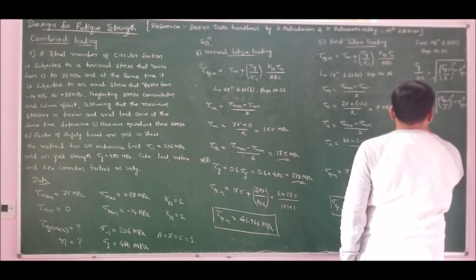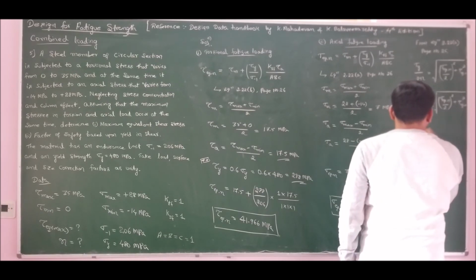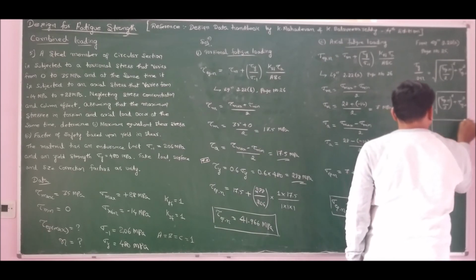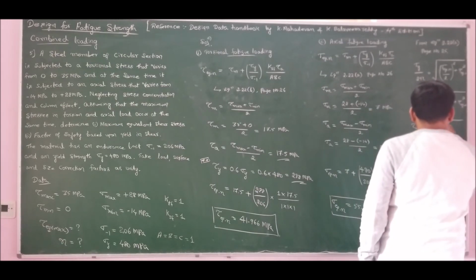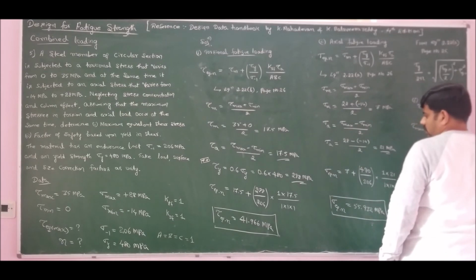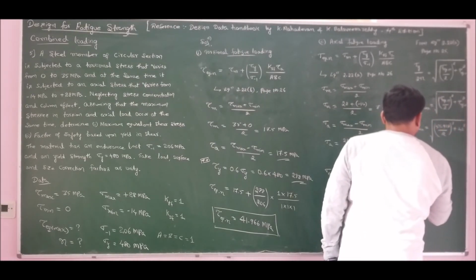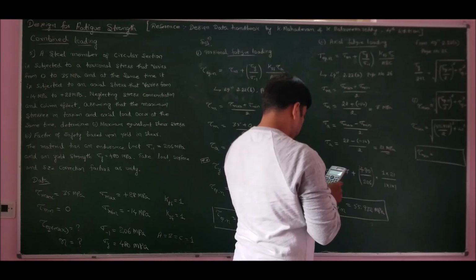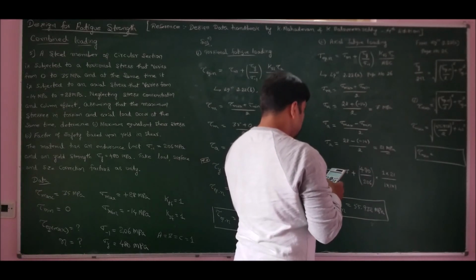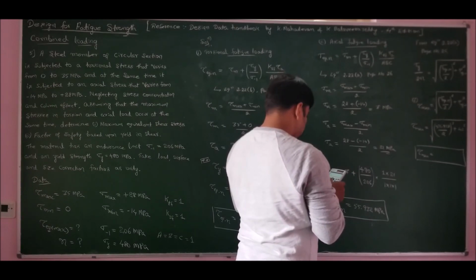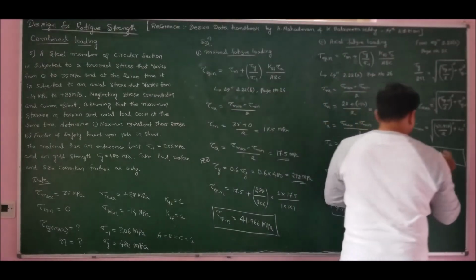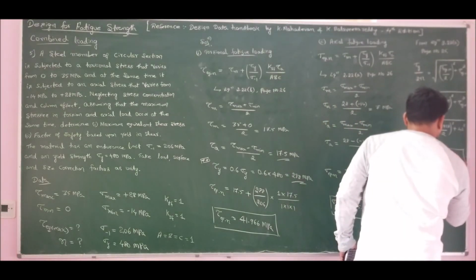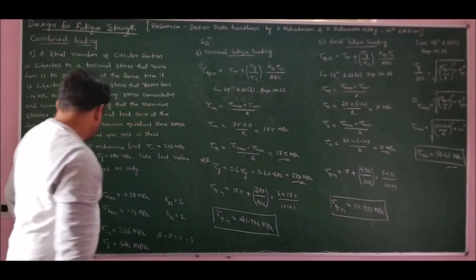The first question he has asked, tau max, will become the square root of 55.932 by 2 whole square plus 41.966 square, which will be equal to 50.43 megapascals. So this is the answer for the first question he has asked, tau max.